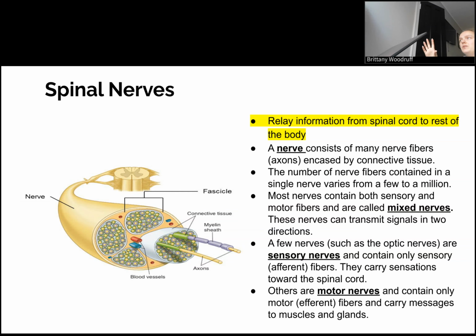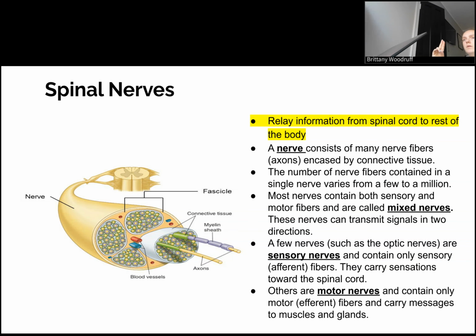Sensory nerves only do sensation, something like an optic nerve, which is only responsible for vision. It has nothing to do with moving the eye or contracting the muscles in the eye. Motor nerves, on the other hand, only do movement. Something like your oculomotor nerve has nothing to do with vision. The only thing it does is move the eye.